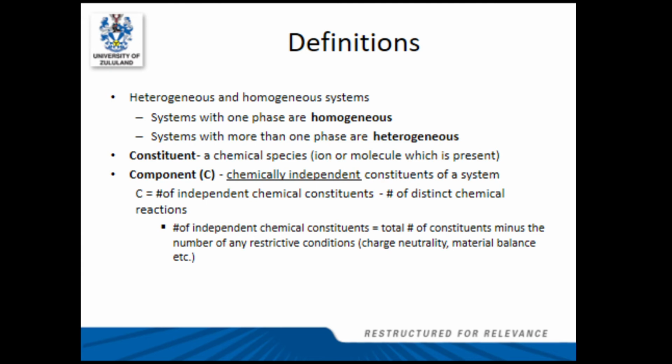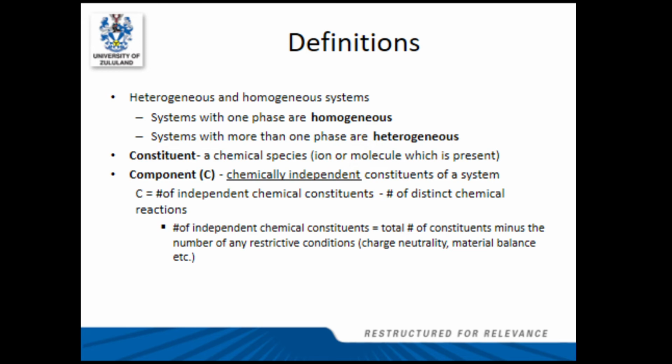So what about the component? The component is a chemically independent constituent of a system. To calculate the component, we take the number of independent chemical constituents minus the number of distinct chemical reactions.